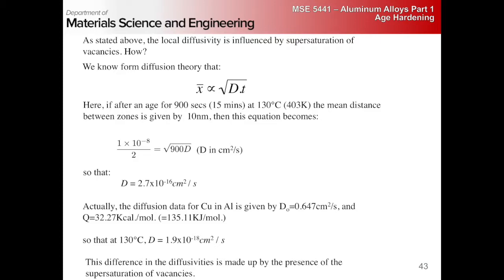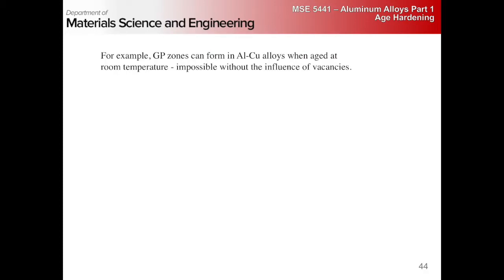If we then calculate the diffusivity from tracer diffusion of copper in well-annealed aluminum, we have a diffusivity that's 2 orders of magnitude lower. And this change in diffusion is completely due to the presence of vacancies.